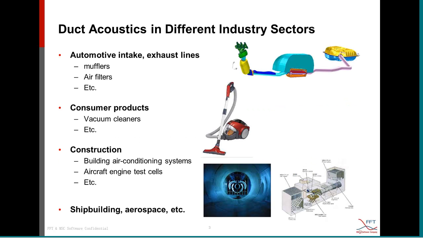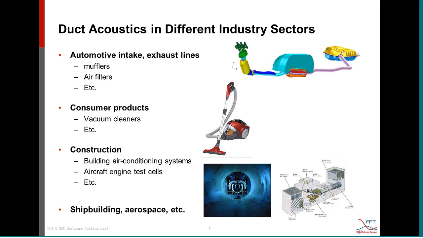So first, before we start the technical presentation, let's review very shortly some industries that could have noise problems related to duct systems or intake and exhaust systems. Now, in the automotive industry, which will be the main topic of today, we have duct acoustics in both intake and exhaust lines.